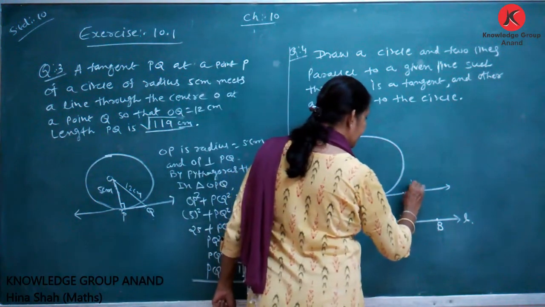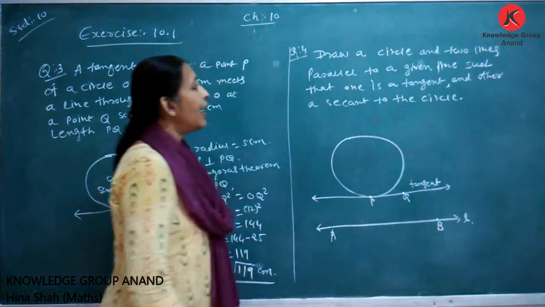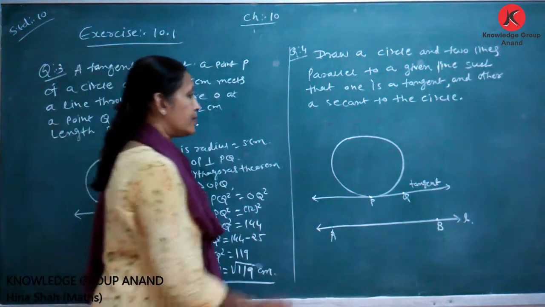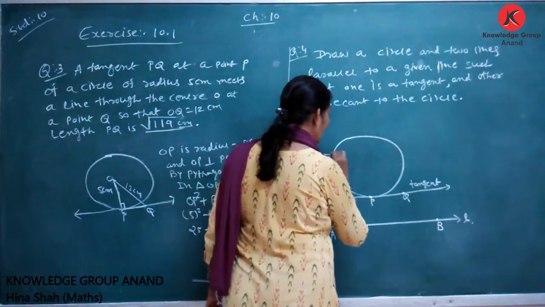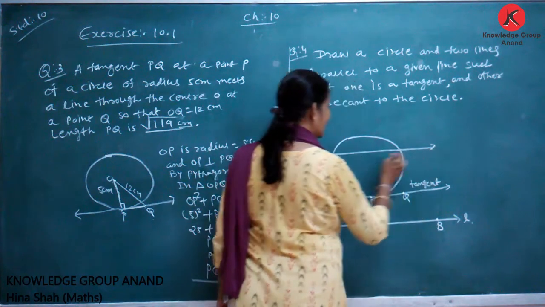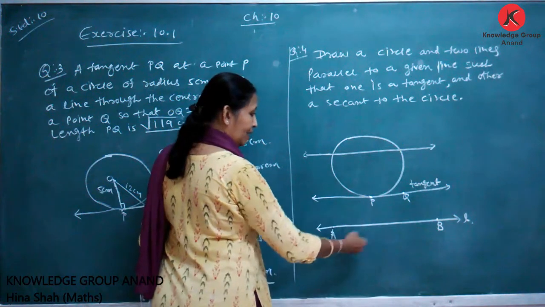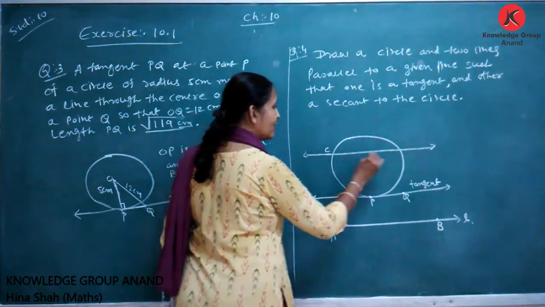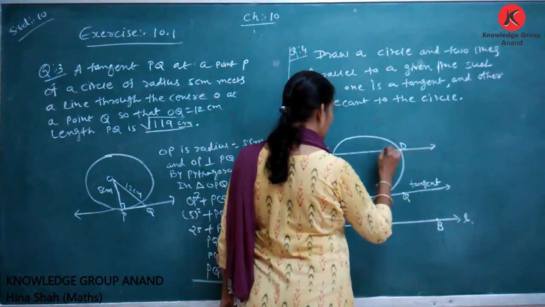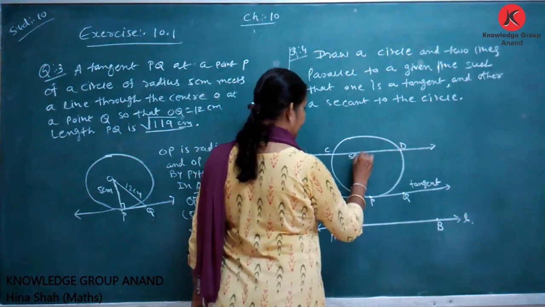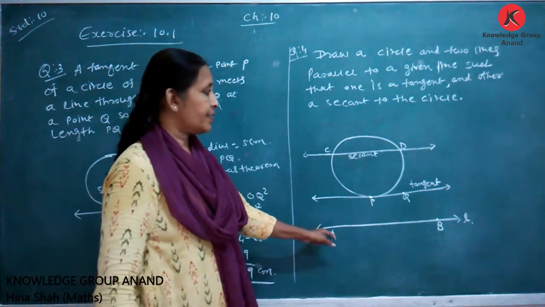It is called a tangent. And the other is a secant. A line intersecting the circle at 2 points is called a secant. Here A, B, PQ, then I take here 2 points, CD, it is called a secant, which is parallel to the given line.